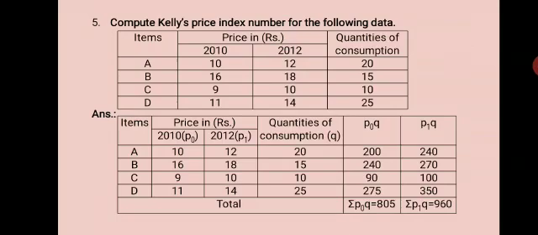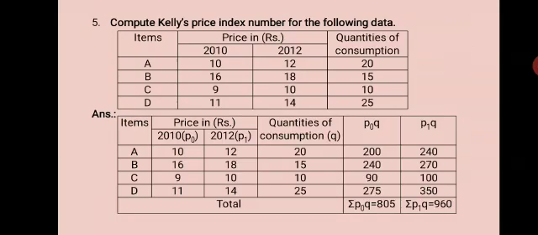Then quantities of consumption are given, which is irrespective of base year and current year, which is commonly denoted by Q. Then you can observe in the answer, price in 2010 is denoted by P0 because it is a base year. Then price in current year is denoted by P1, and quantities of consumption, which is irrespective of the base year and current year, is commonly denoted by Q.